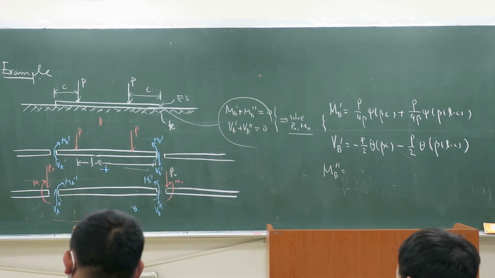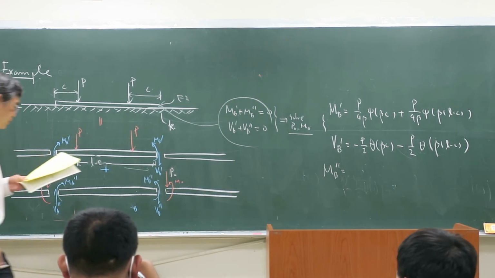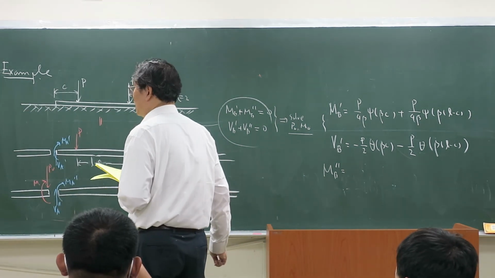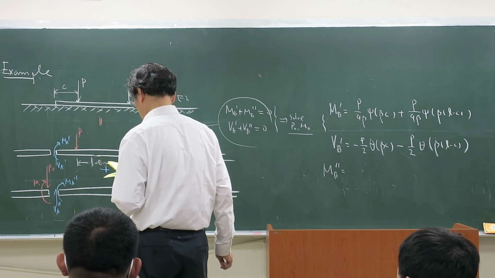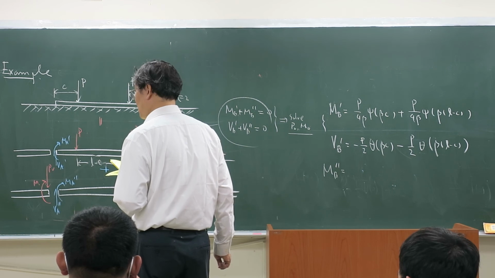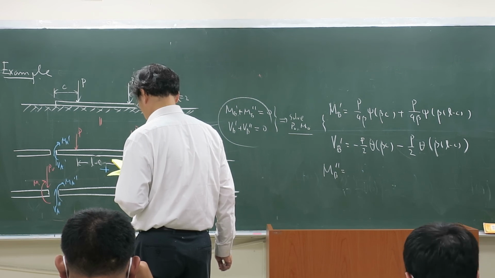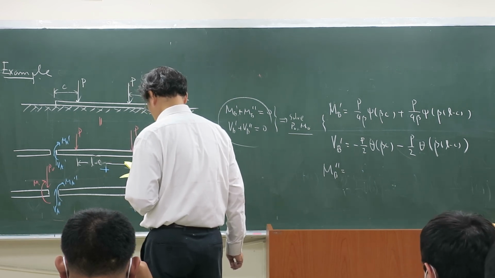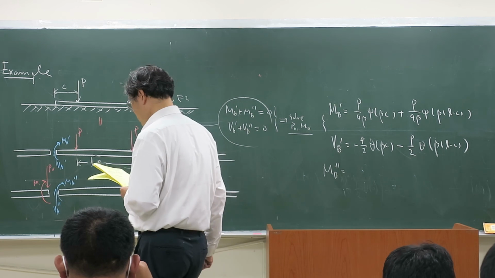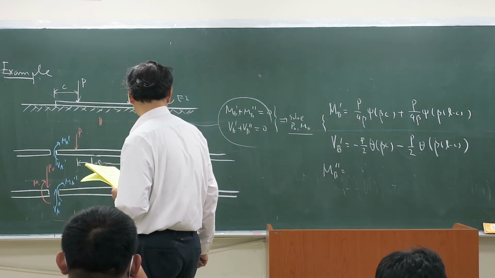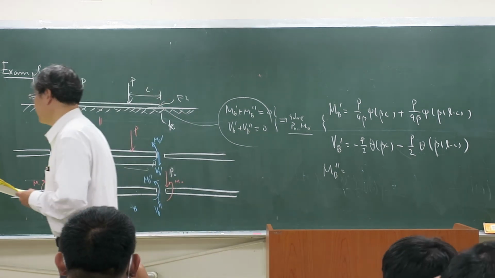We change the sign, right? So this will be Q0. Shear should change the sign.